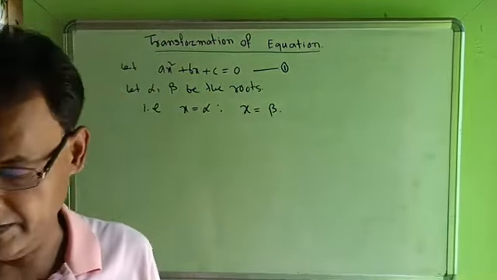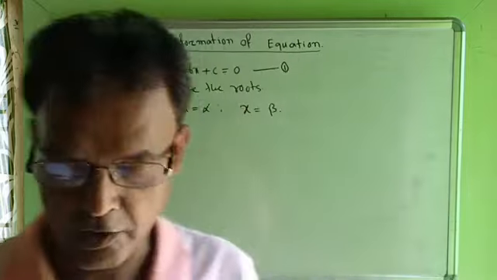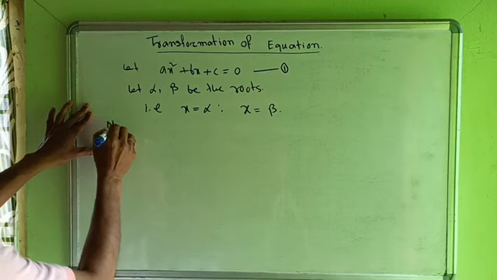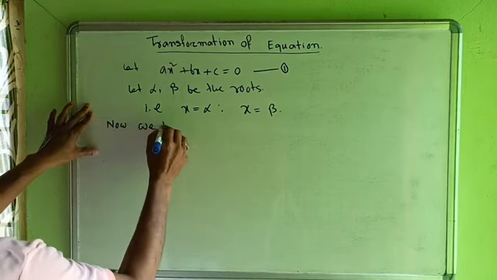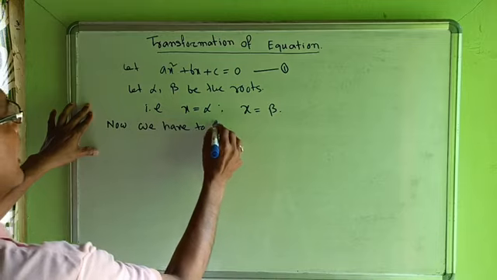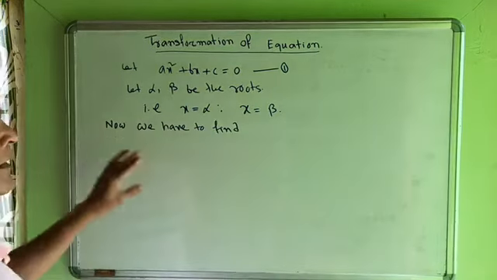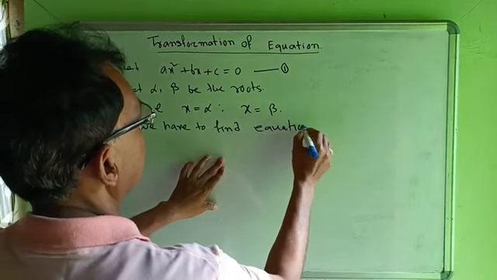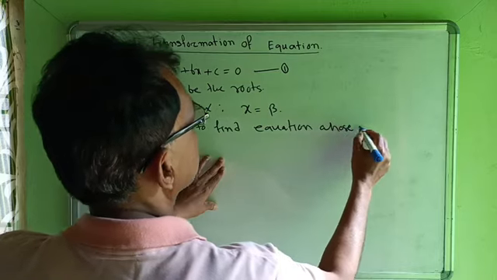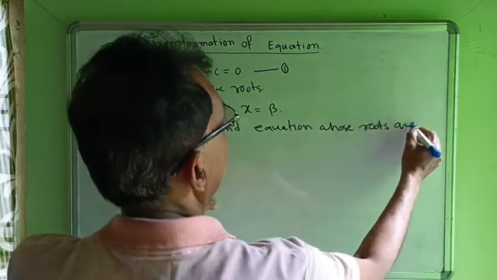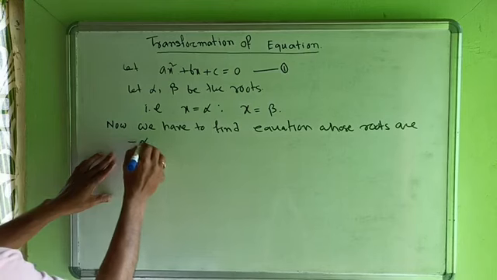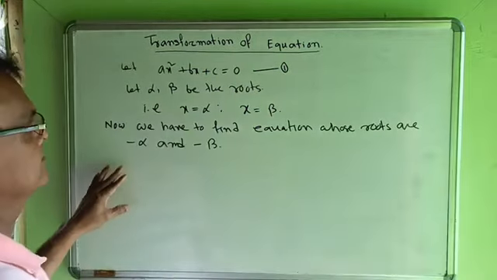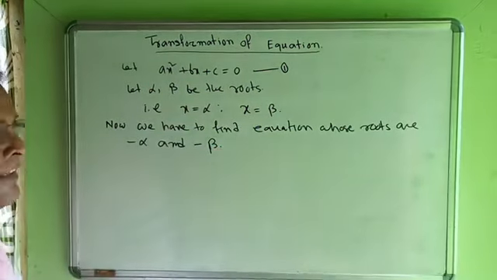Now we have to find the equation whose roots are minus alpha and minus beta.